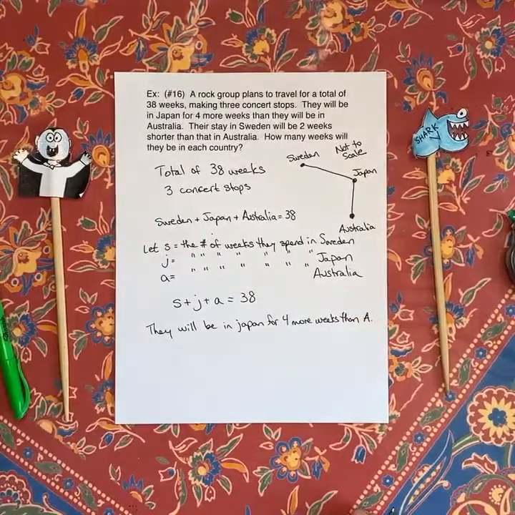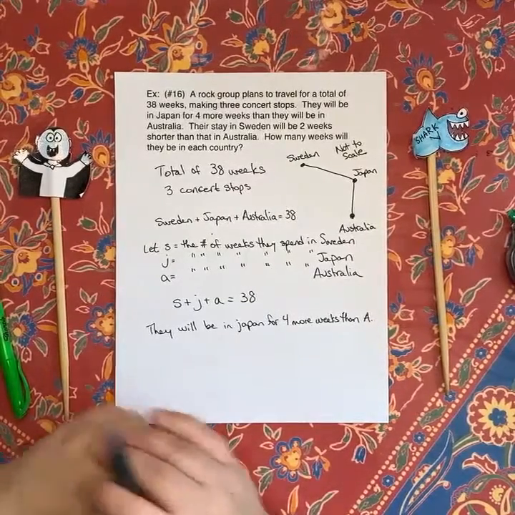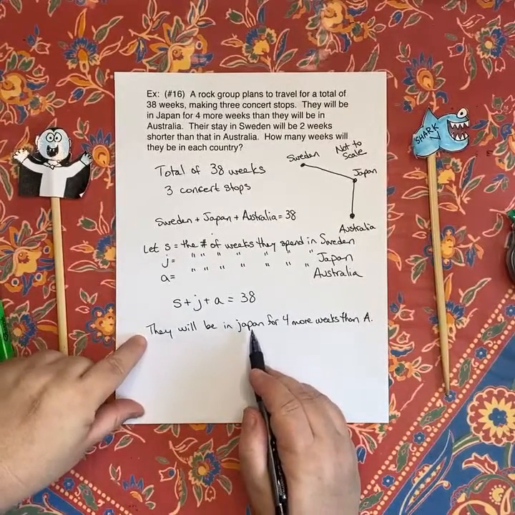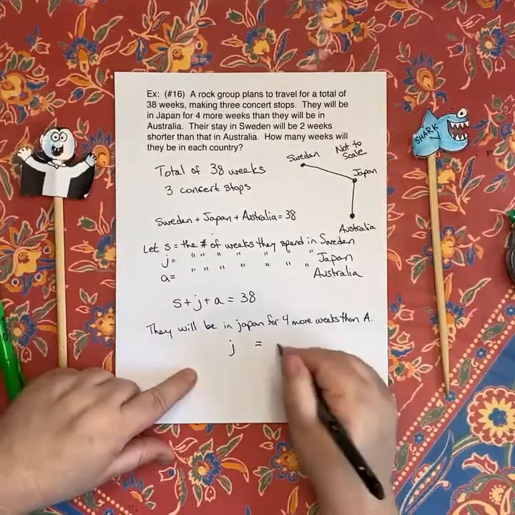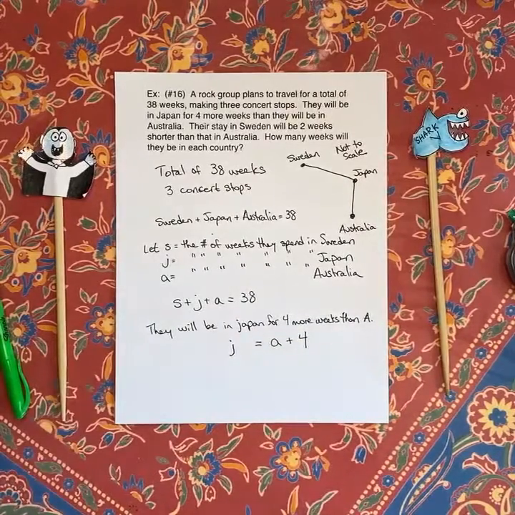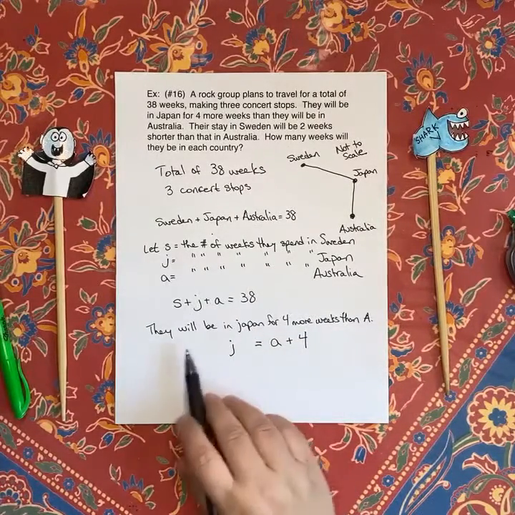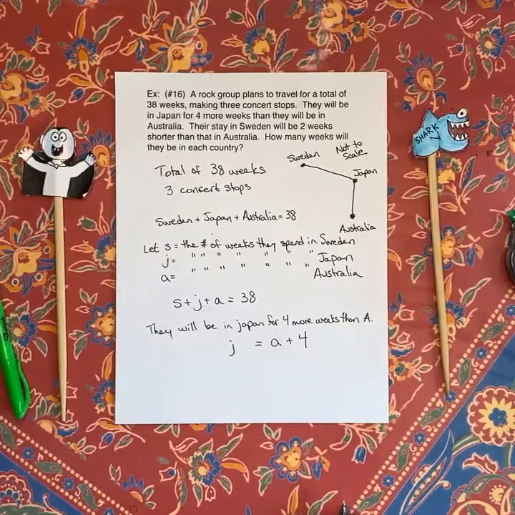I ran out of room, so I'm going to say that. And I look at that and I go, wait a minute. Japan equals Australia plus 4. What do you think?